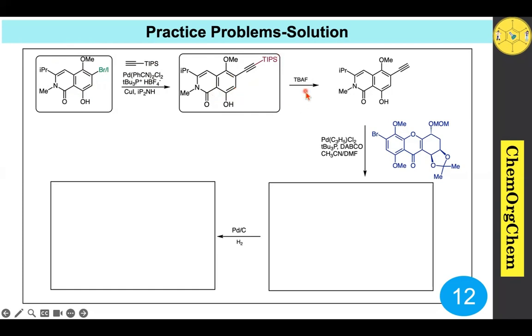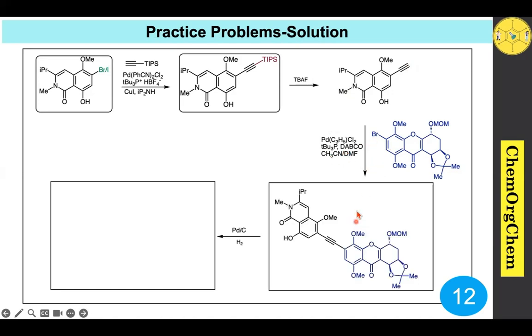When we use tetrabutyl ammonium fluoride, it produces this terminal alkyne. Now this terminal alkyne reacts with this substrate. This position is going to couple with this terminal alkyne under the Sonogashira cross-coupling reaction condition, which produces this corresponding product.